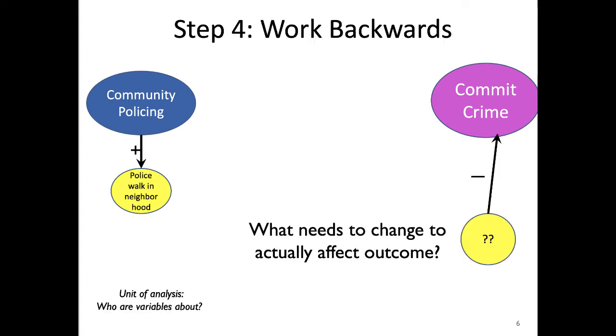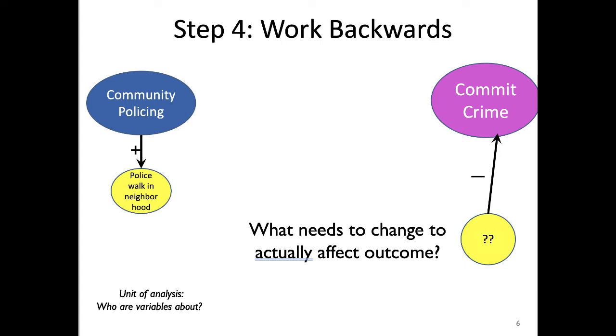You also, as I've said, want to work backwards. If this is about community members committing fewer crimes, what needs to change about them? Do they need to know their neighbors better? Do they need to not need income? Do they need to feel less angry? Do they need to feel empowered?